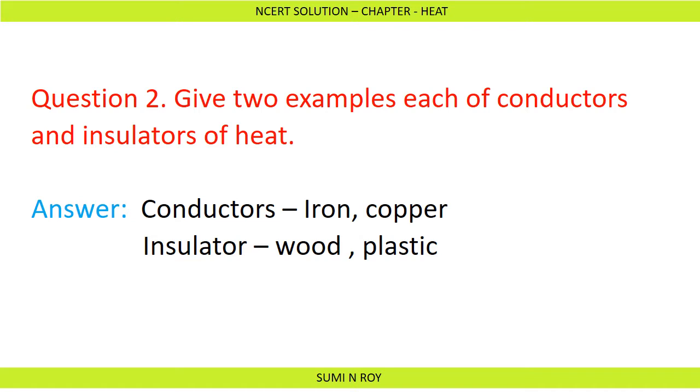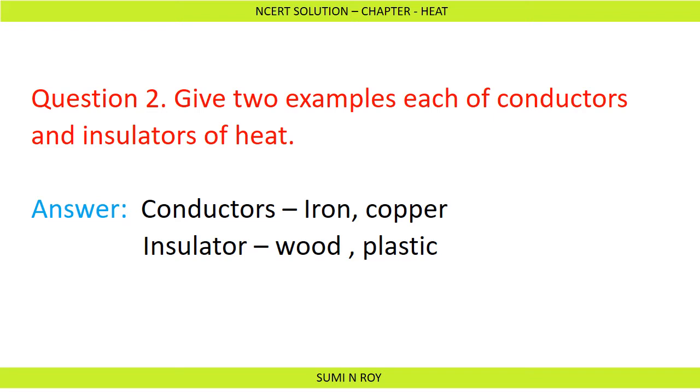All the metals are good conductors of heat. For example, silver, copper, aluminium, iron and mercury. Though all metals are good conductors, some are better than others. So we will write iron and copper as examples.